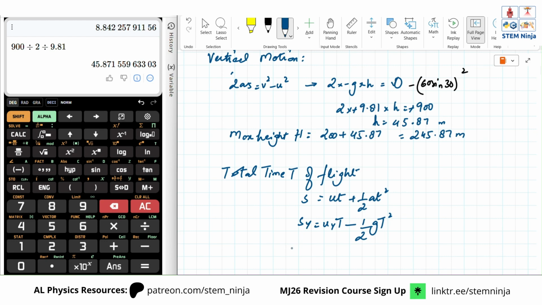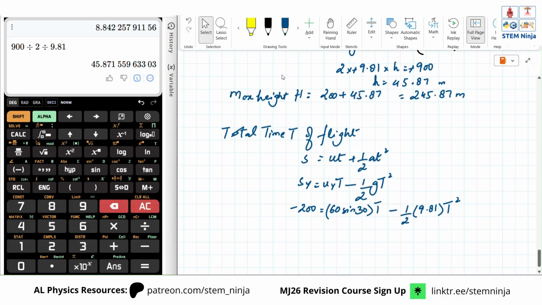So net displacement is minus 200 because vertical displacement is minus 200. 60 sine 30 is your initial vertical velocity, and this is half 9.81 t squared. So multiplying by 2 on both sides, this becomes minus 400. This becomes 30 times 2, 60 t. This becomes 9.81 t squared.